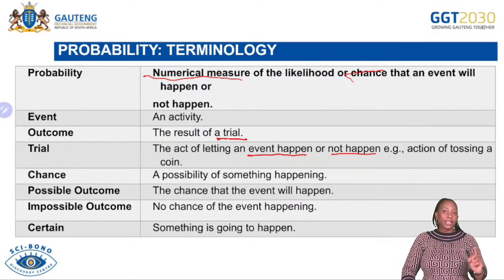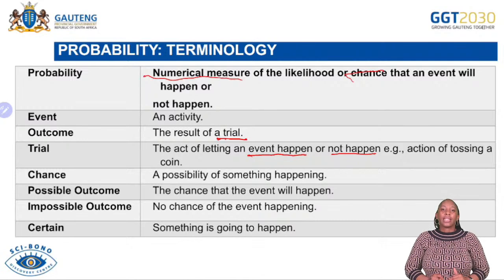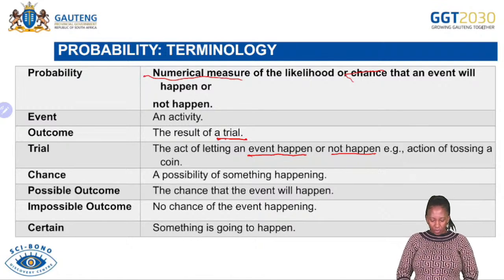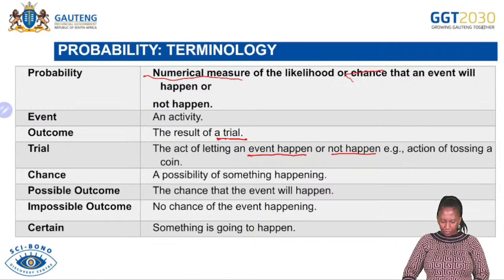I can't get head and tail at the same time, I will only get one result. So it is impossible to get two heads, or to get two tails, if I am tossing only one coin.